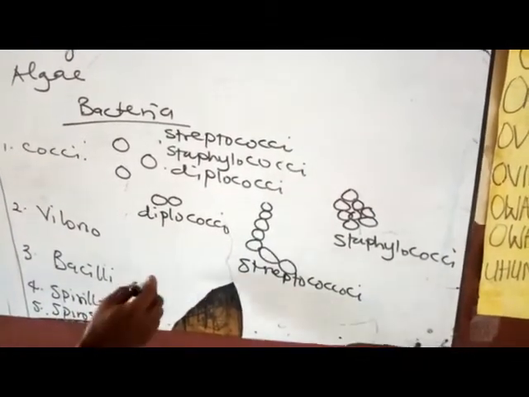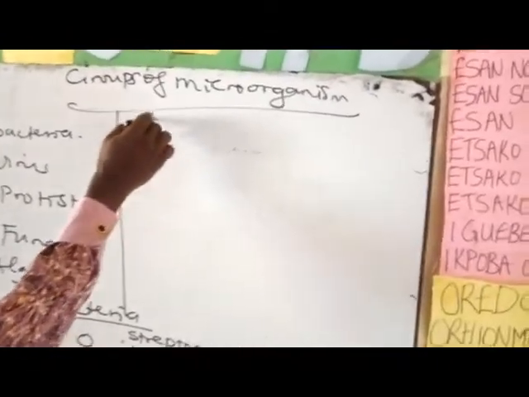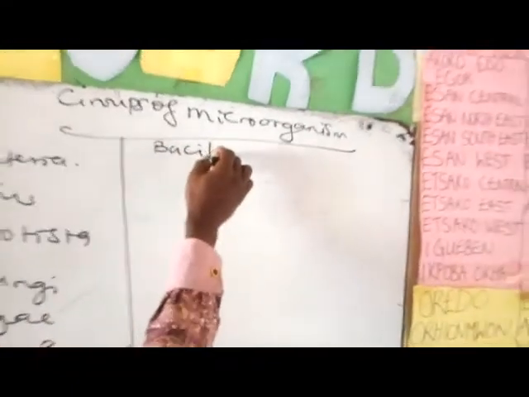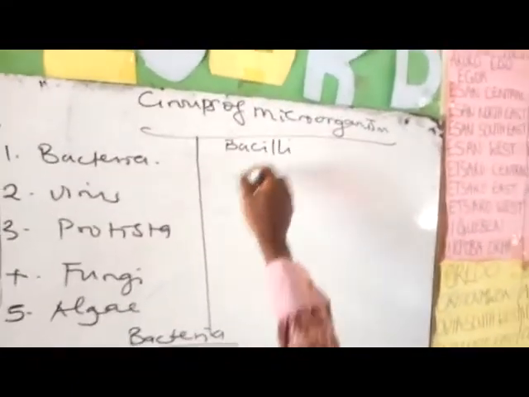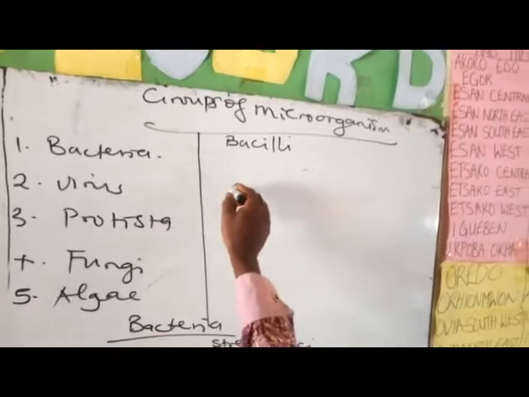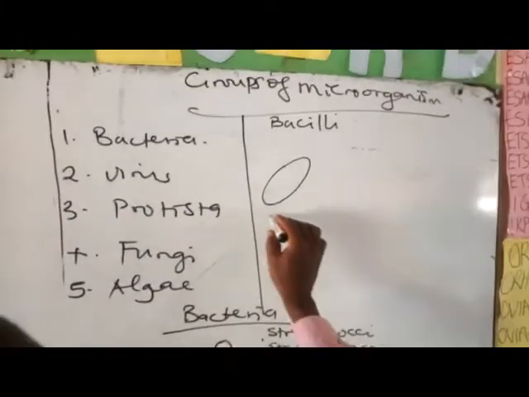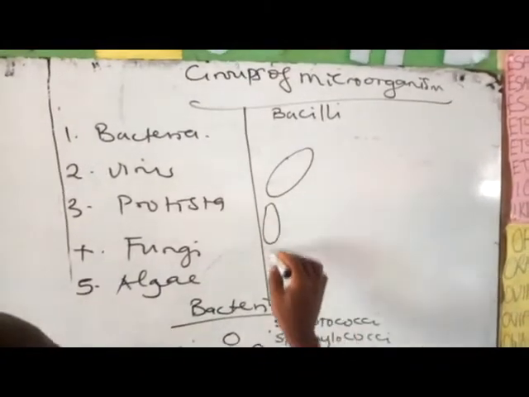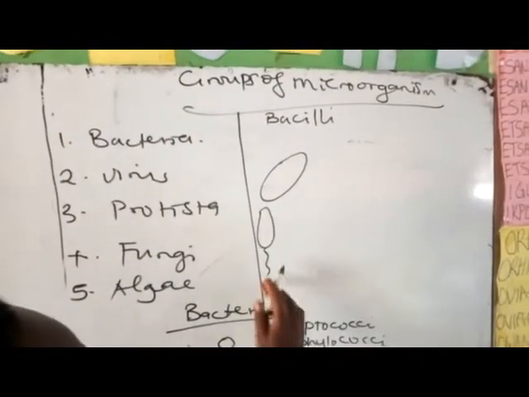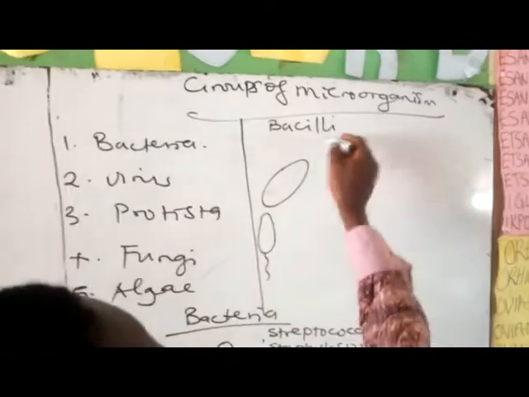Then for bacilli, let's use this part of the board. Bacilli are rod shaped. They are shaped like a rod, so you can have this one as a bacilli. Some bacilli have flagella. They are flagellated movement organelles. So these ones are bacilli.